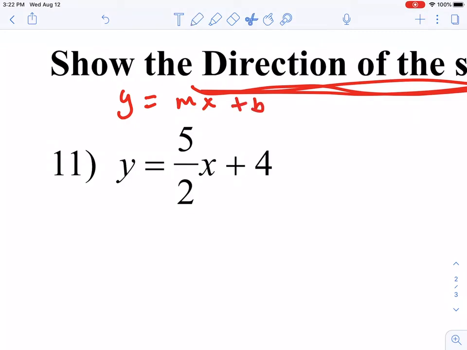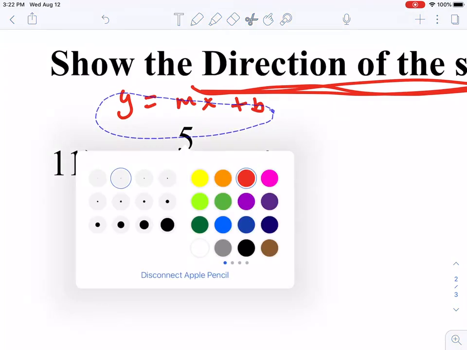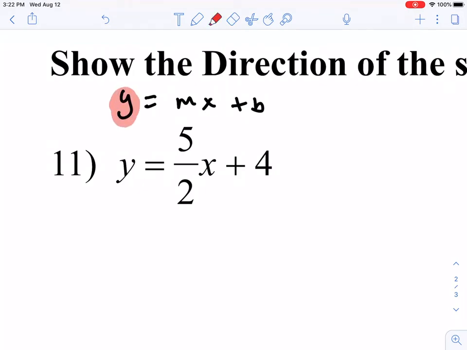And actually, I'm going to change the color on those. I'm going to make that black so that it kind of matches what we have. I'm going to get that out of the way. And then I'm going to highlight some things. So if you'll notice, y matches up there with my equation that I was given.